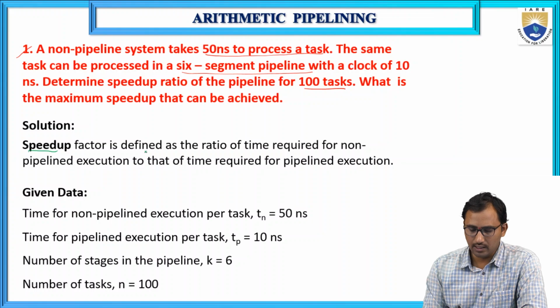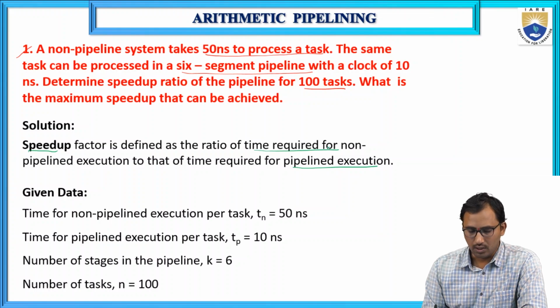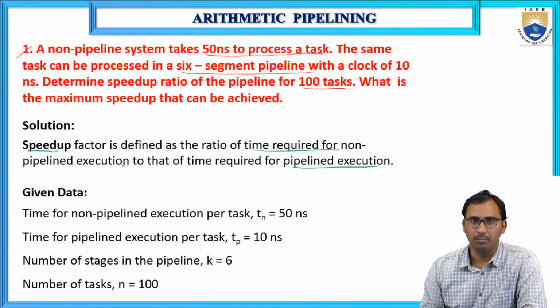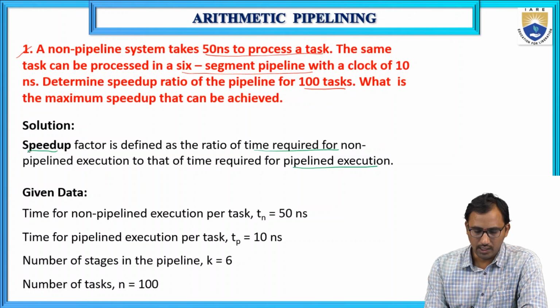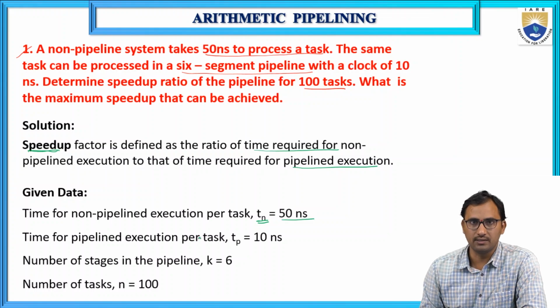Speed up factor is defined as the ratio of time required for non-pipelining execution to the time required for pipelining execution. So the ratio of non-pipeline execution time to the pipeline execution time gives the speed up factor. From the problem statement, the given data: non-pipeline execution time, represented with Tn, is equal to 50 nanoseconds.